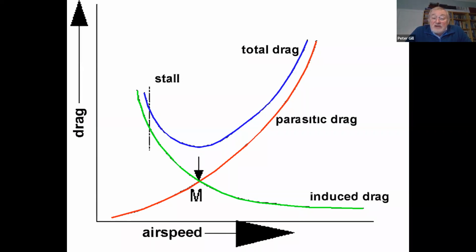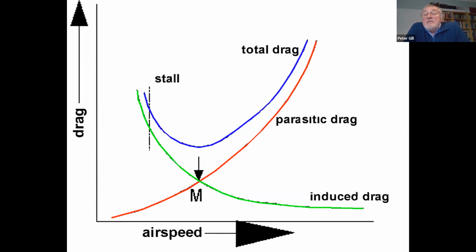The parasitic drag, where the airflow is having to move aside to let the aircraft through, or you've got screen friction or interference between the different surfaces, increases, and it increases roughly as the square of the speed. If you fly twice as fast, you've got 4 times the parasitic drag, because you're affecting twice as much air in half the time. So it's having to do much more work.